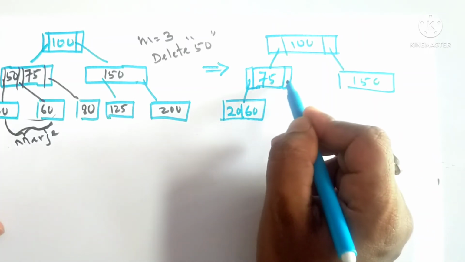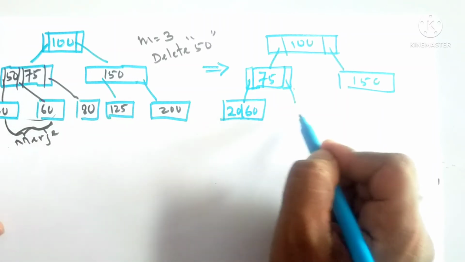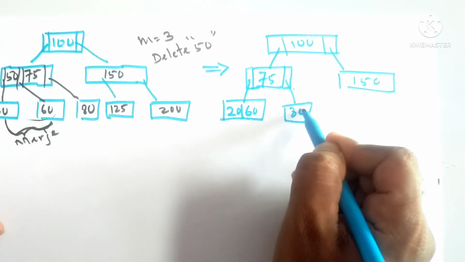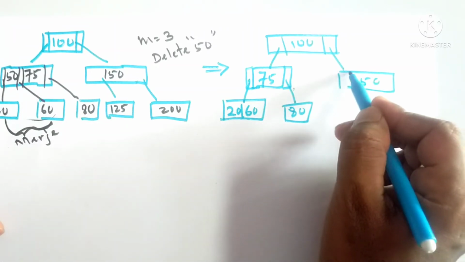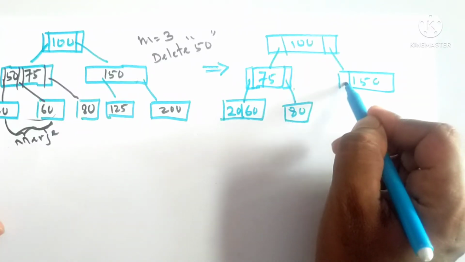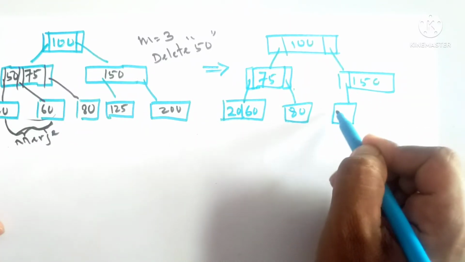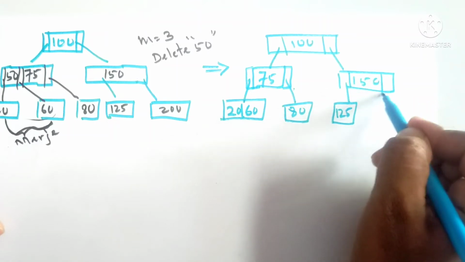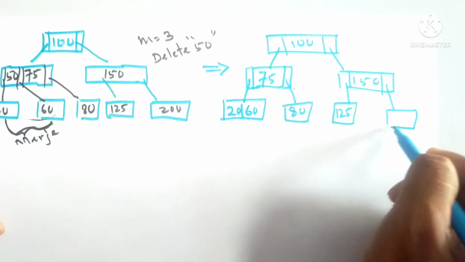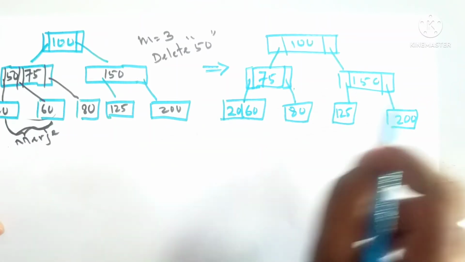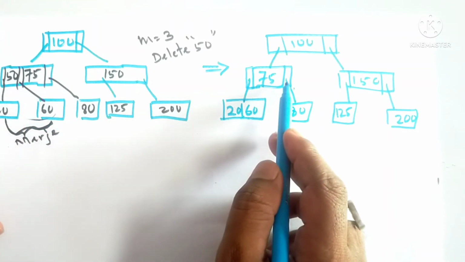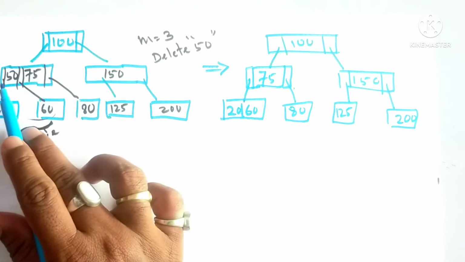And 75's right value is 80, so I kept that as it is, and 150's left value is 125, and 150's right value is 200. So there is no issue. Now we can say that in the new B tree, 50 is deleted.